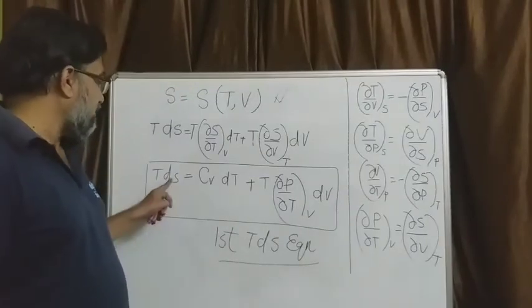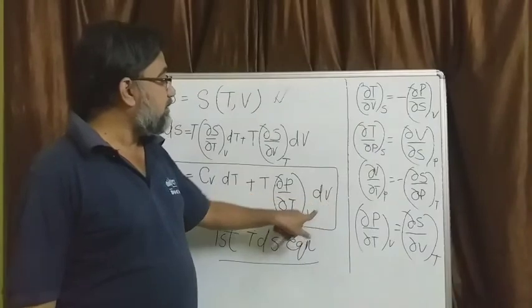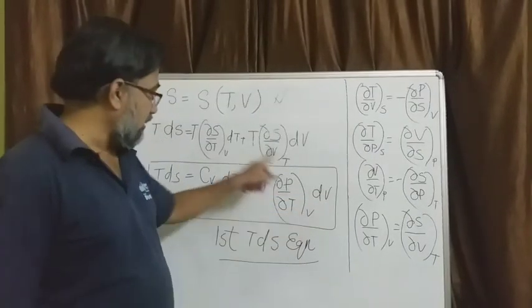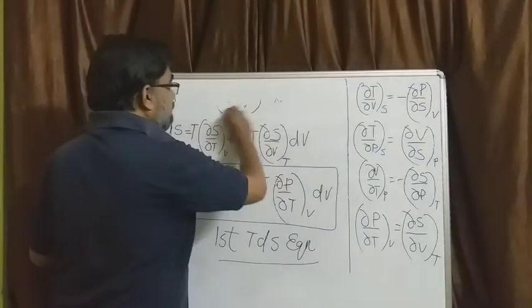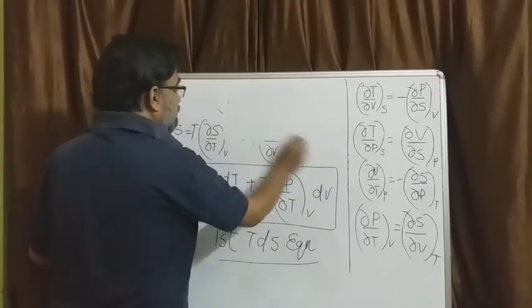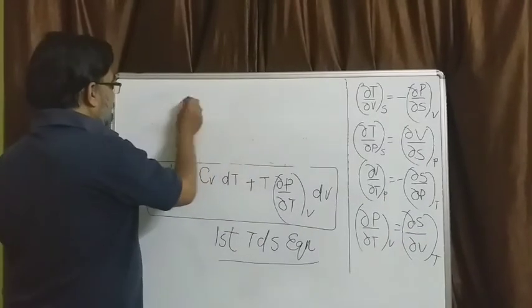Okay, remember that first TDS equation, this Cv will remain, here dv will remain, here v will remain. Okay, you remember this one. This is the first TDS equation. Just like they are first, second, third, fourth Maxwell's equation. So this is first TDS equation.